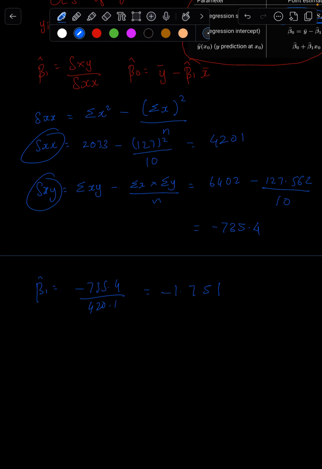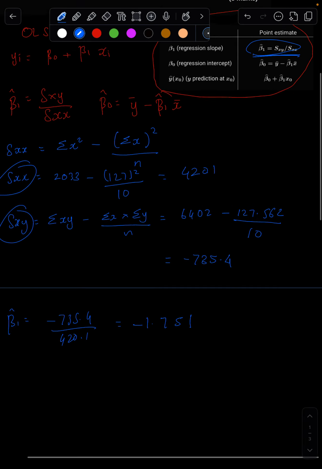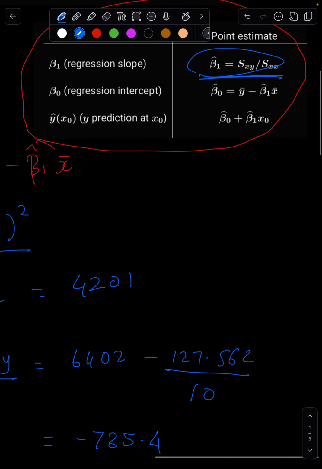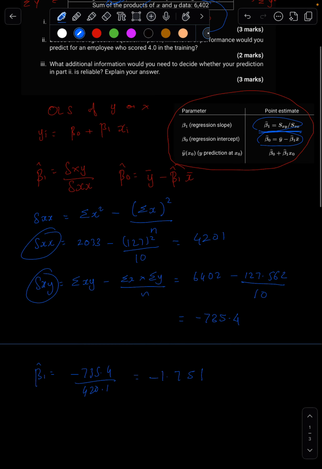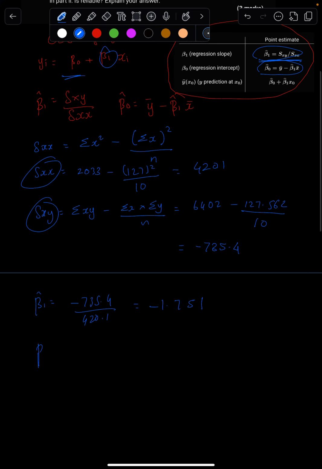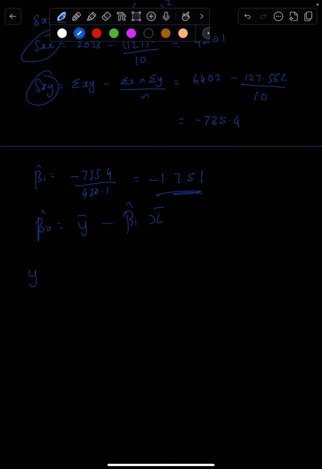Now let's look at the next formula. We need to figure out beta naught to get the line of least squares, because we've got beta 1 hat. Beta naught hat is y bar minus beta 1 hat x bar. We know what beta 1 hat is. We need to know what y bar and x bar are.